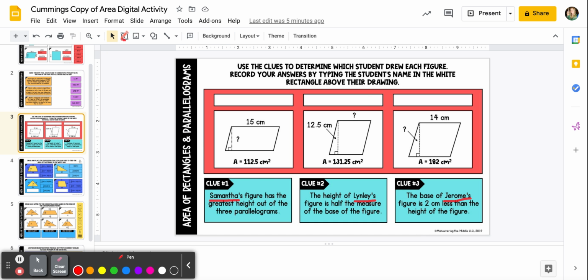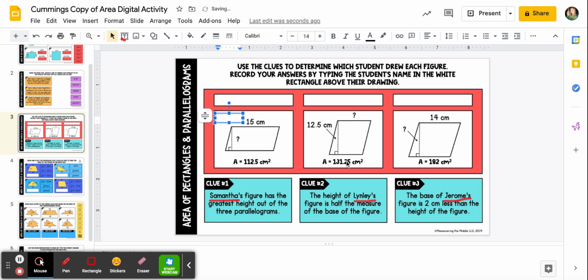So I'm going to draw in the formulas you need to use for these. This is area equals base times height. And then you'll plug in the area, which is 112.5 equals, I'm going to move this up so you can see it.